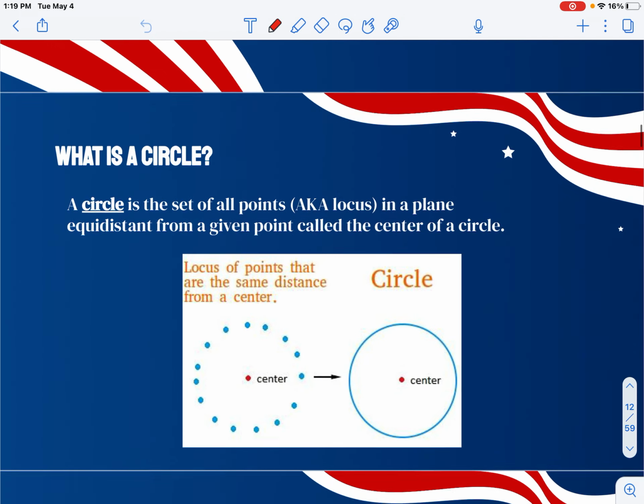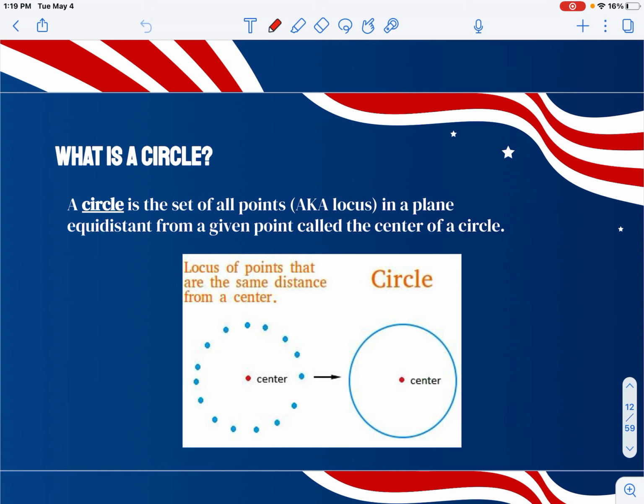A circle is every point that's the same distance away from another point. Or put another way, it's all the points that are the same distance away from the center.